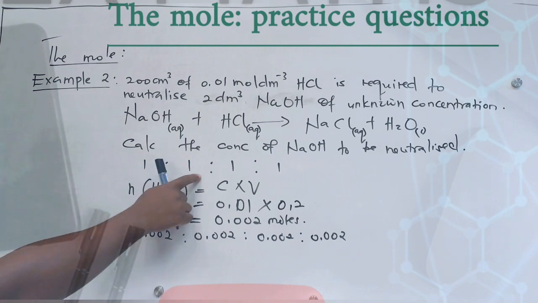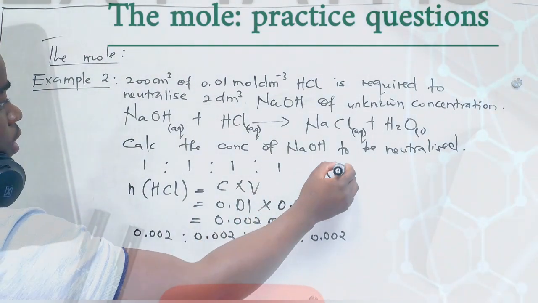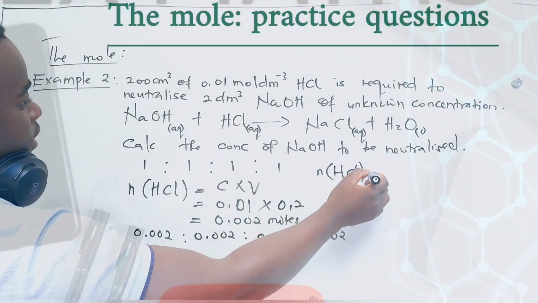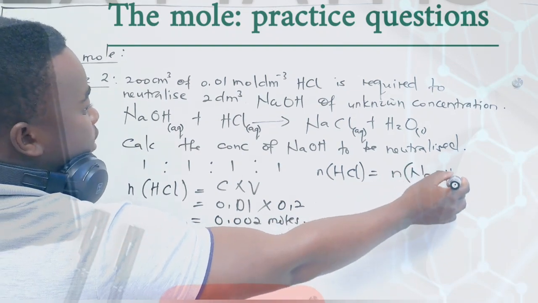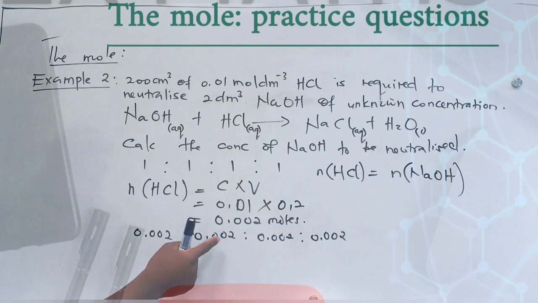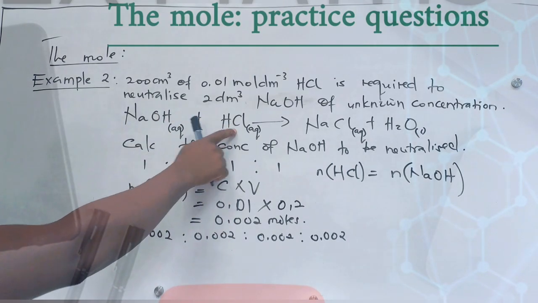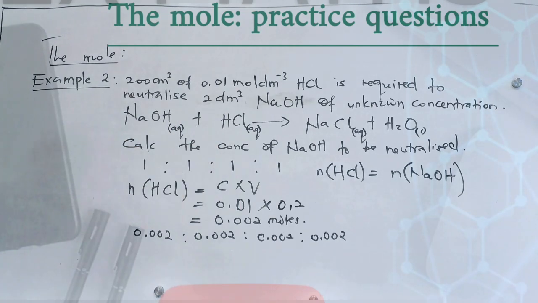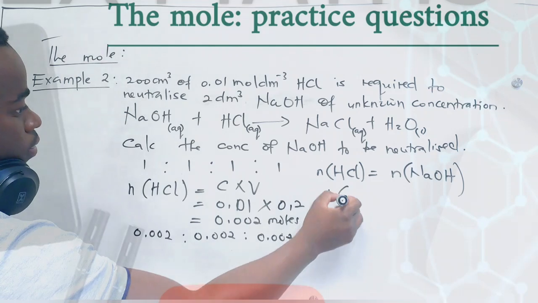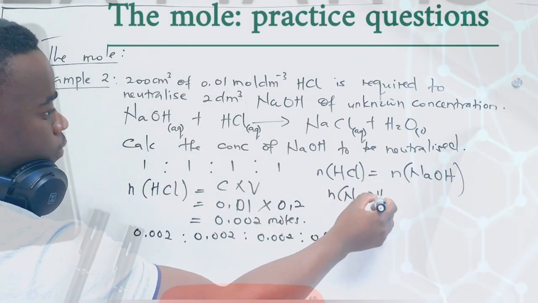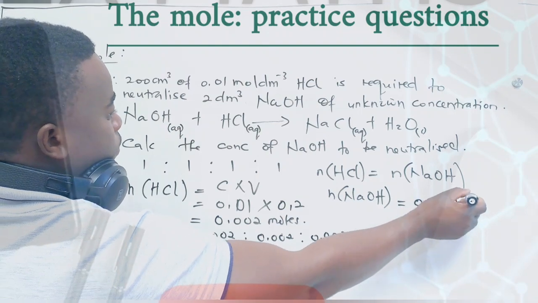According to the mole ratio, the number of moles of hydrochloric acid is equal to the number of moles of sodium hydroxide, because it's 0.002, 0.002, which is these two species. So now the number of moles of sodium hydroxide is equal to 0.002 moles.